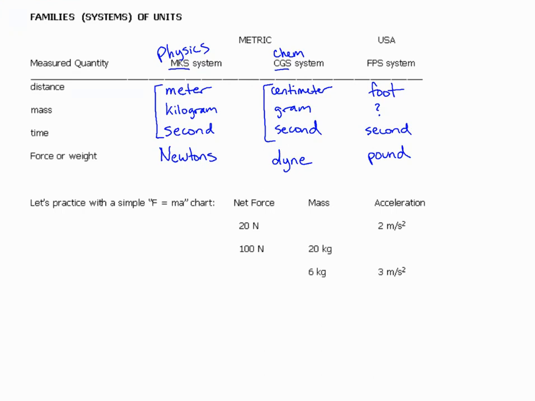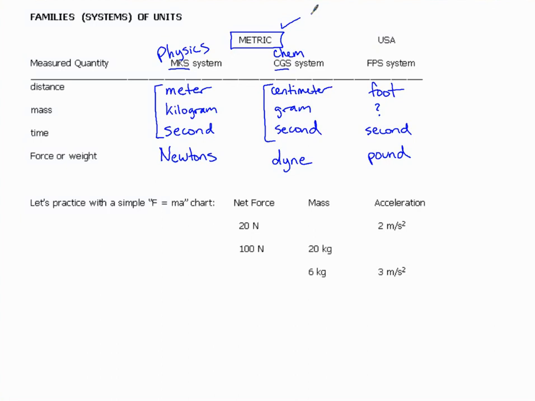The unit for mass in the FPS system is not pounds, that's weight, that's a force. So what is the unit for mass? So we have the metric system, we have the US system. The metric system is almost exclusively used in physics.